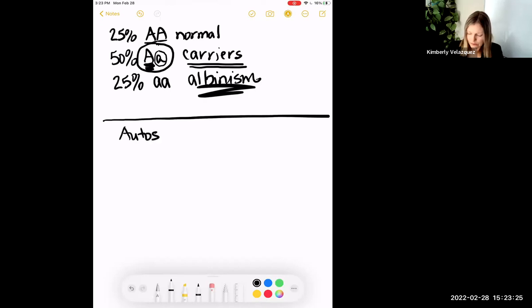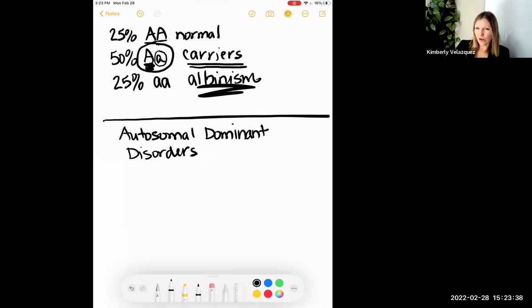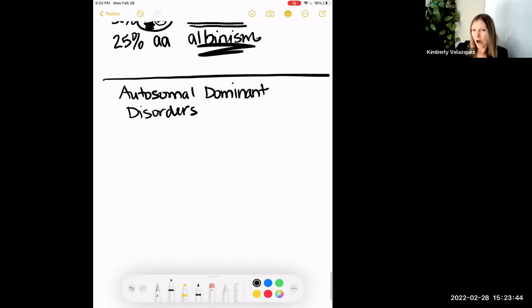Autosomal dominant disorders are a little more confusing. In order to really understand autosomal dominant disorders, I need to just remind you about autosomal recessive disorders again. I'm going to continue to use big A, little a for a while, just because it's easy to differentiate those 2 letters.